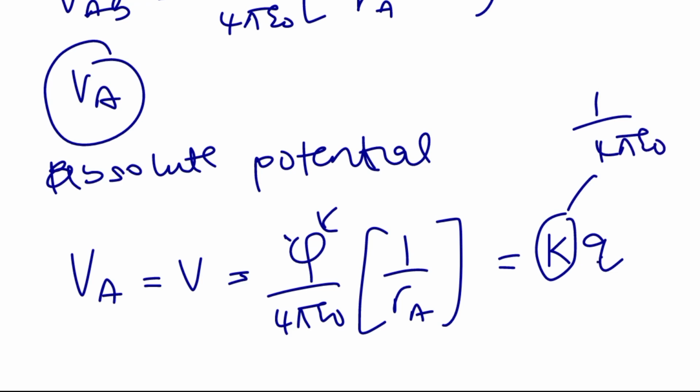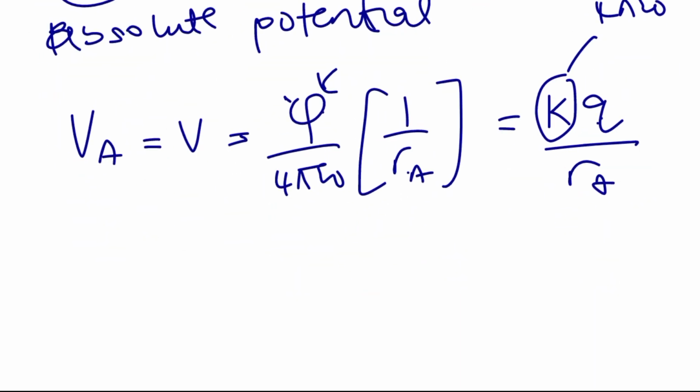Then this Q is this Q. Then RA is RA. So therefore, we can say the formula for the absolute potential of this problem is V equals K, which is 1 over 4 pi epsilon naught, then Q, which is the charge, over RA.